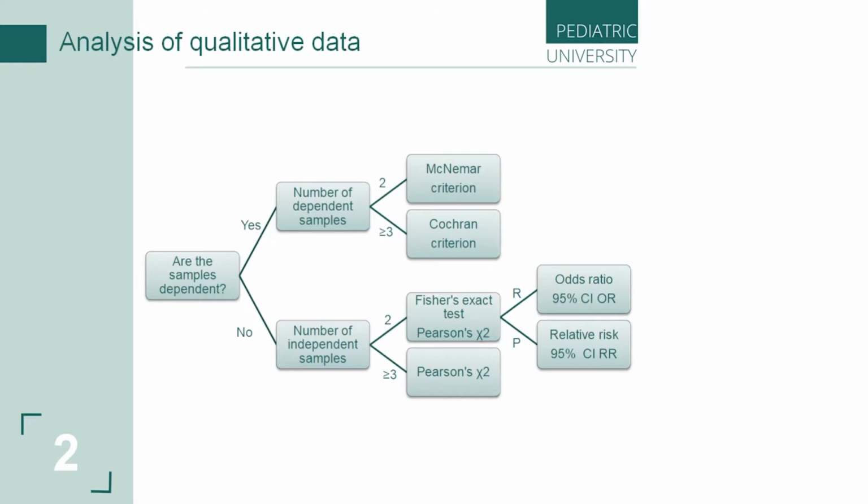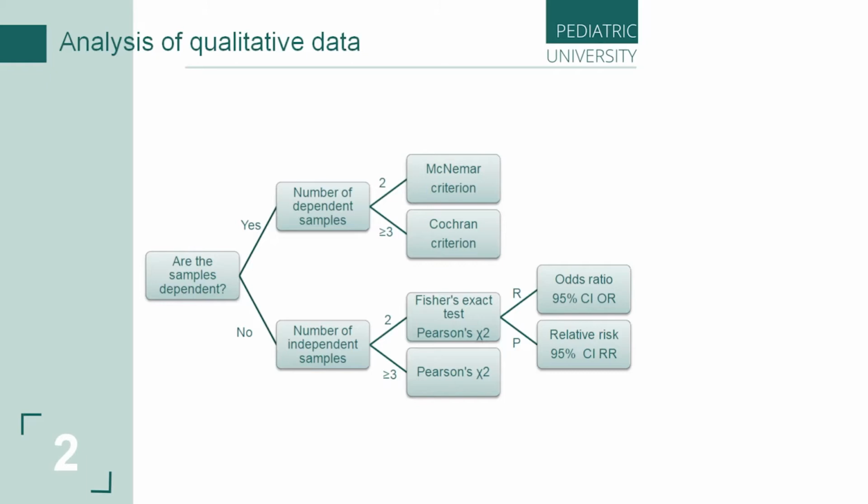If there are two samples, then we can use the McNemar criterion for analysis. If there are more than two samples, it may be 3, 4, or many samples, we must use the Cochran criterion. But that was about dependent samples.